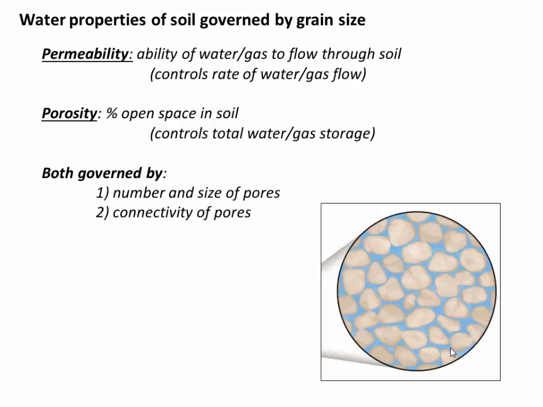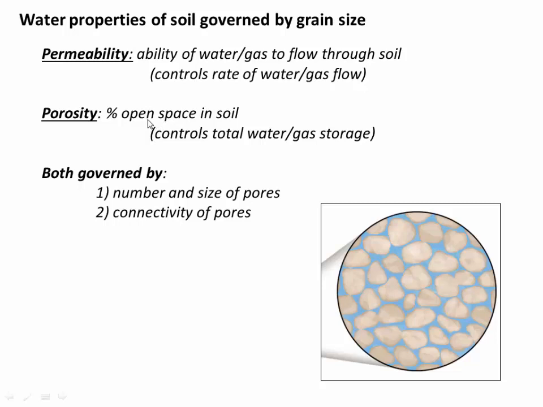And we can think of the flow of water and gas in terms of two terms. One is called permeability. That's the ability of water and gas to flow through the soil. The other is called porosity. That is the percent of open space in a soil.